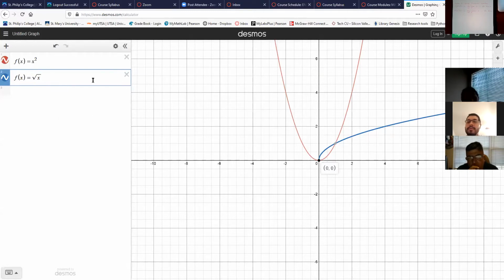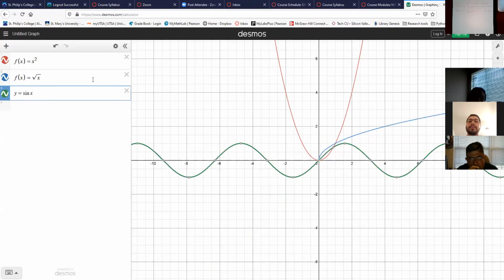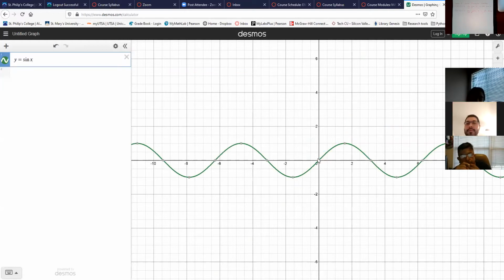That's going to be the same deal with our trig function. If you look at y equals sine x, we know that's a function, but since it keeps repeating, we lose that one-to-one stuff. But if we restrict it from here to here, and we cut everything else off, then we can define an inverse.